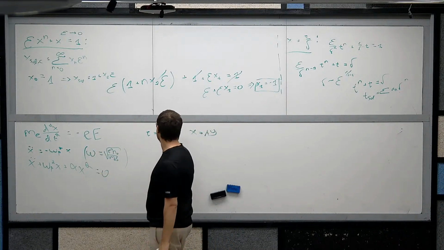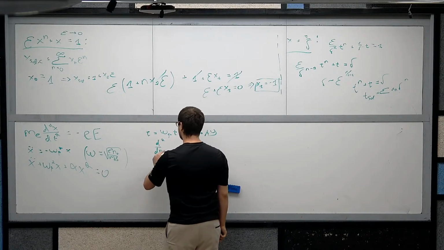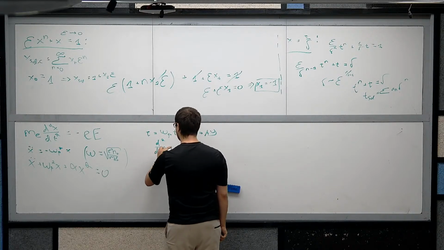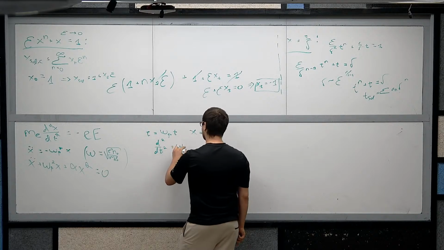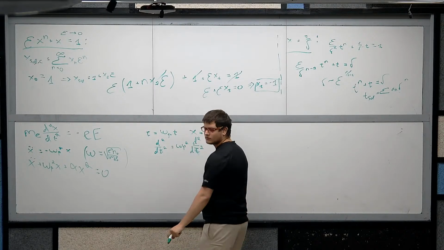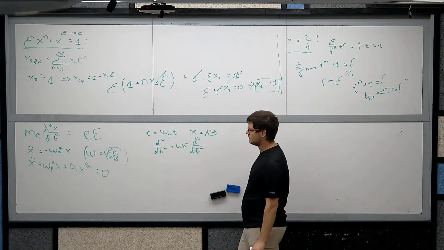So the second order derivative, it will be d tau squared. Actually, we want t, so it's actually omega p squared d squared d tau squared. Right? Everyone agree with me?